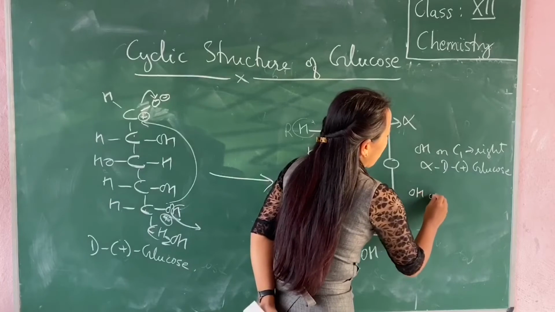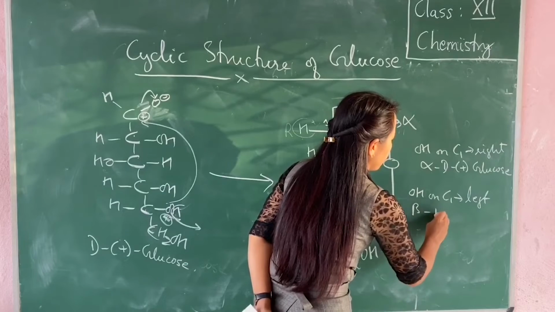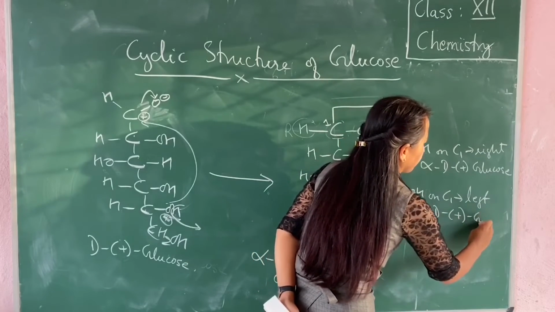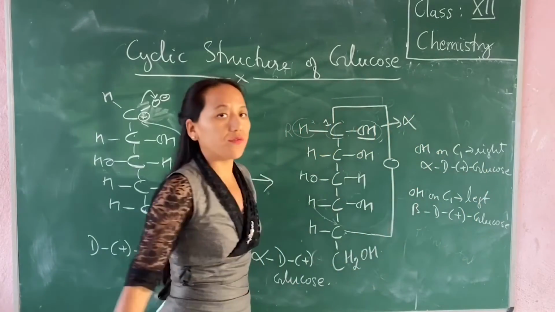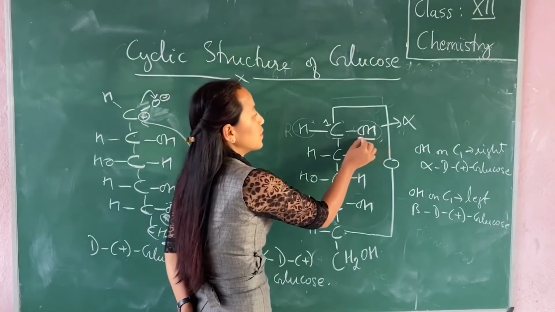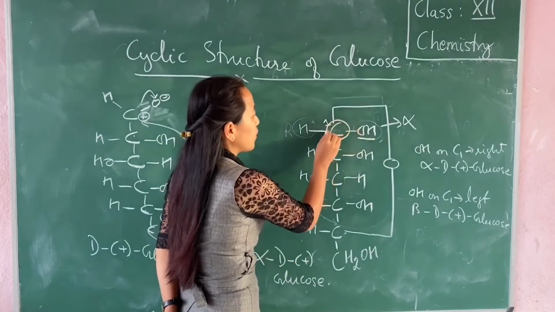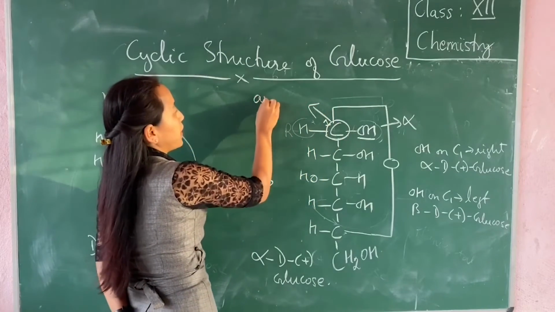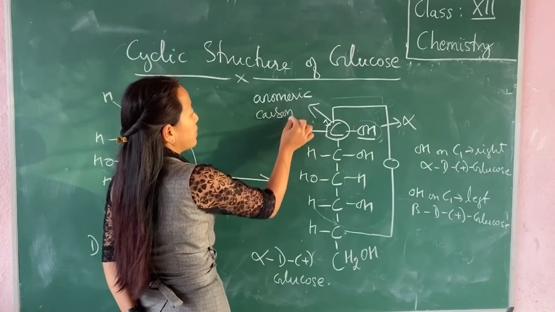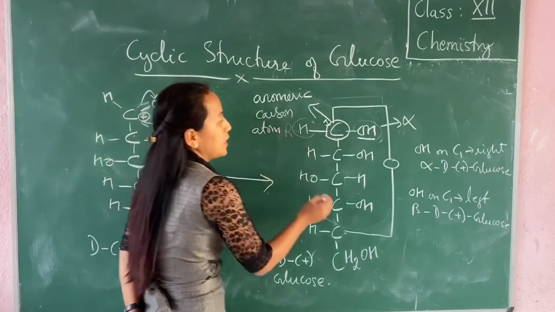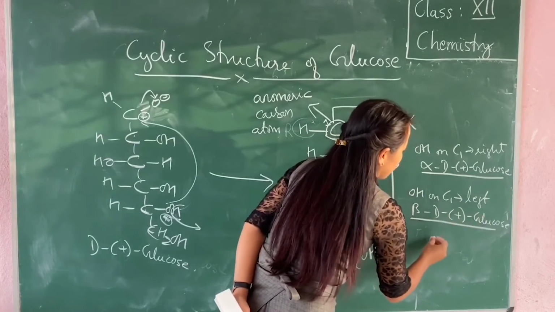If OH on C1 is on the left, it is called beta D plus glucose. So that's how you get two isomers of glucose based on the orientation of the hydroxyl group on the first carbon atom. Because of this reason, this carbon is called the anomeric carbon atom. And these two, alpha D glucose and beta D glucose, are called anomers.